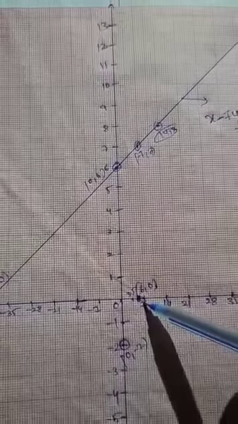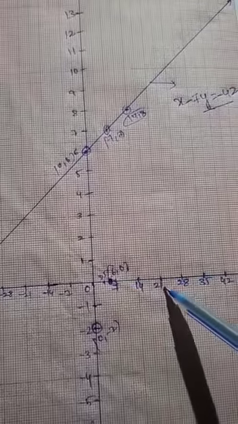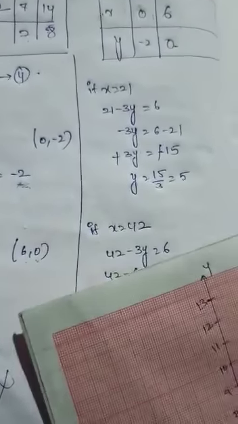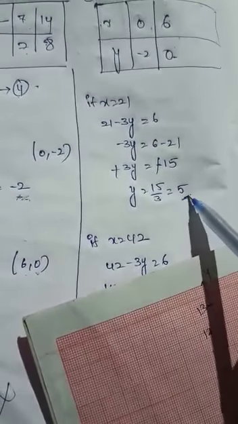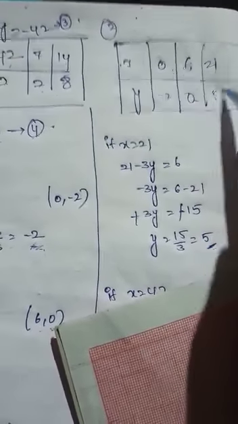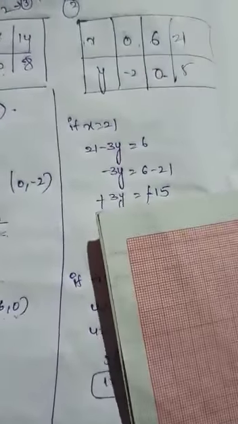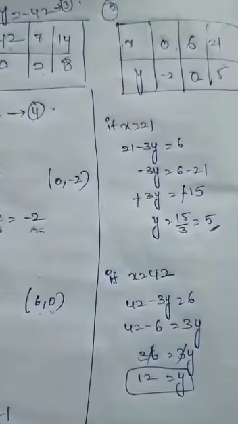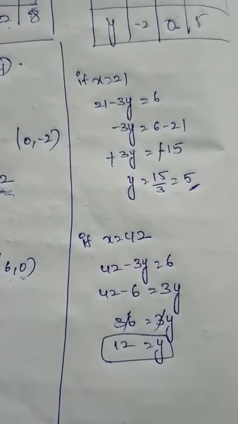So I take, if x equal to 21, I get y value 5. Here the point is (21, 5). Next, if I take x equal to 42, the y value I get is 12.